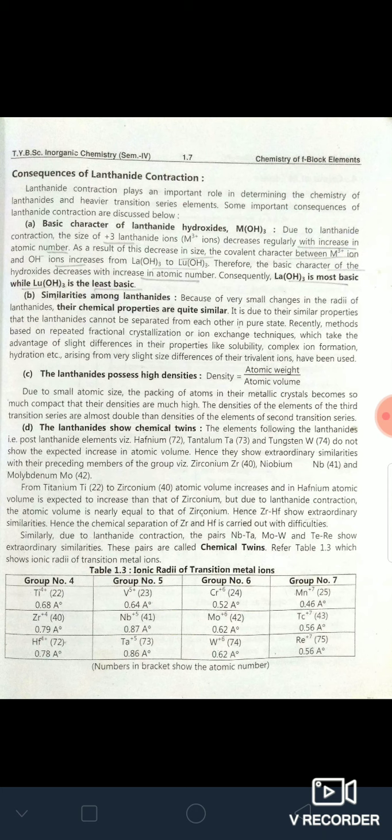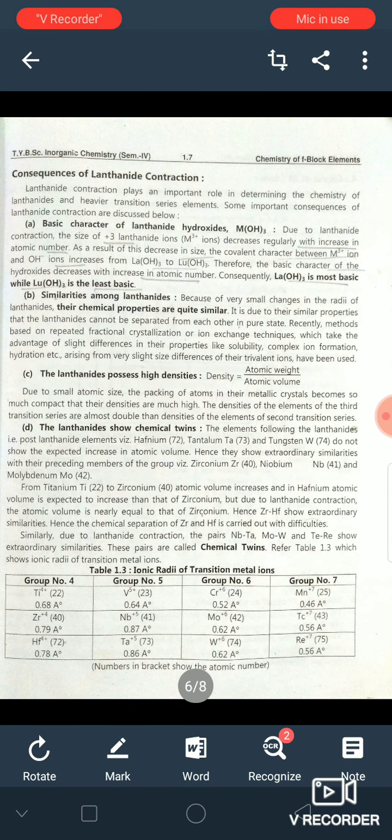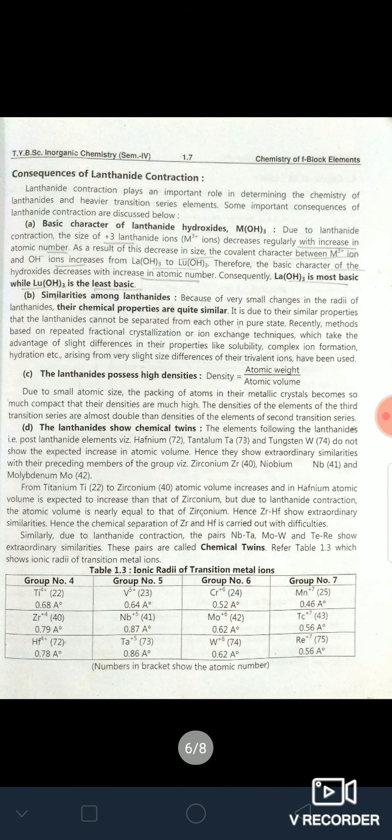Recently, methods based on repeated fractional crystallization or ion exchange technique, which take the advantage of slight difference in their properties like solubility, complex ion formation, hydration, etc., arising from very slight size differences of their trivalent ions, have been used.